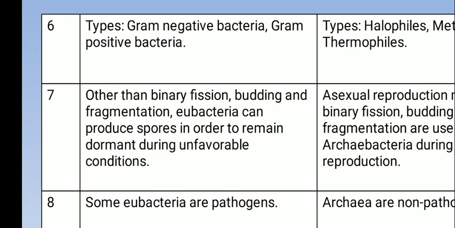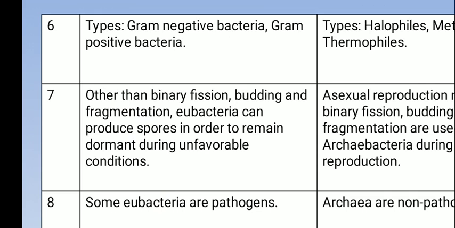Then what type of cell is Eubacteria? Eubacteria may be of gram negative type or it may also be gram positive type of bacteria. मतलब उनका जो भी सेलुलर स्ट्रक्चर है after staining they may be of gram negative type और gram positive type. Their reproduction takes place by binary fission or by budding or by fragmentation.